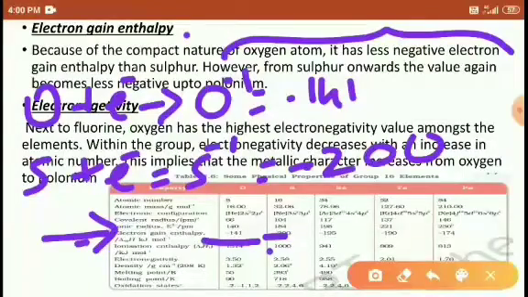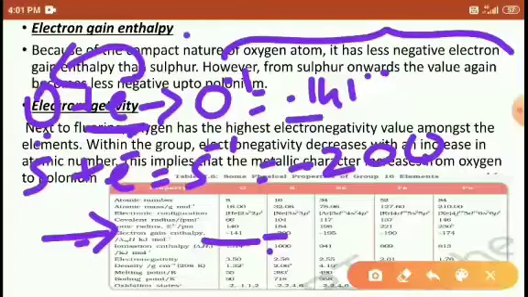Why did this happen, students? Because oxygen is small in size compared to sulfur. When electrons enter the small oxygen atom, its electrons cause more repulsion to the incoming electrons. So that's why its electron gain enthalpy is less.